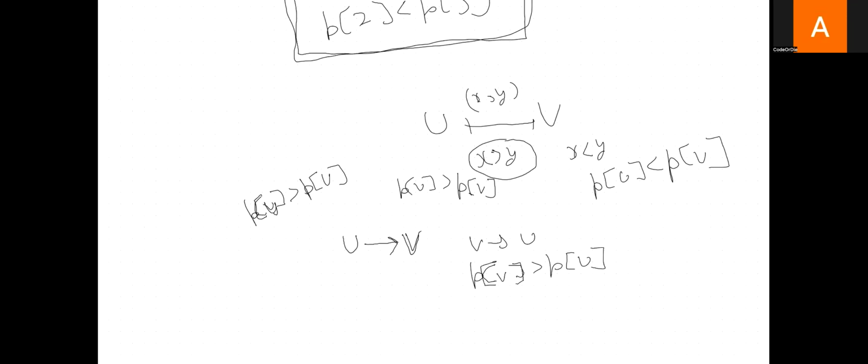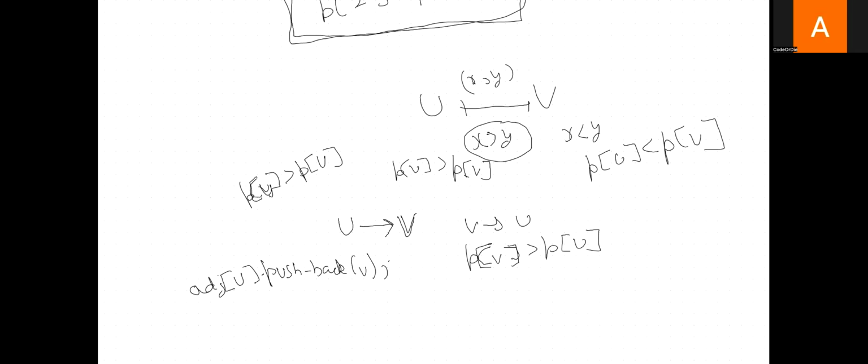So tell me one thing. If X is greater than Y, then what will you do? You know how to create an adjacency list, okay? So I will just push to adjacency of U dot pushback V. Okay, you got what I'm saying?